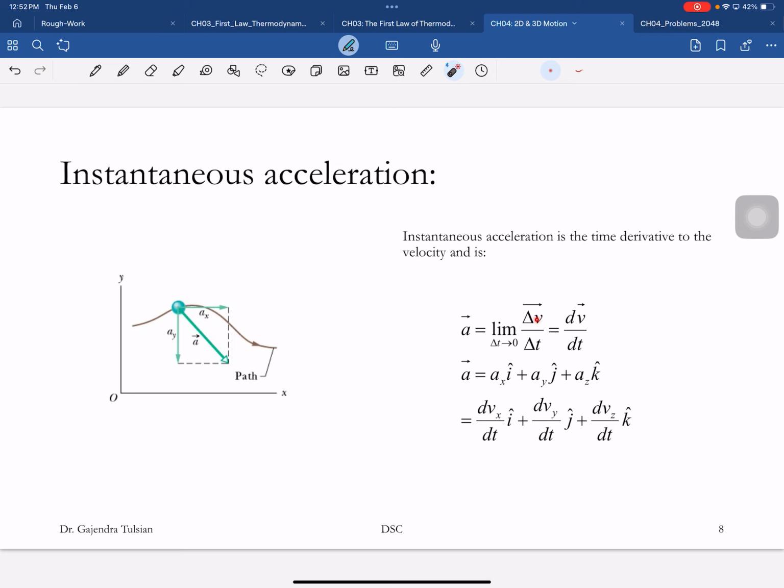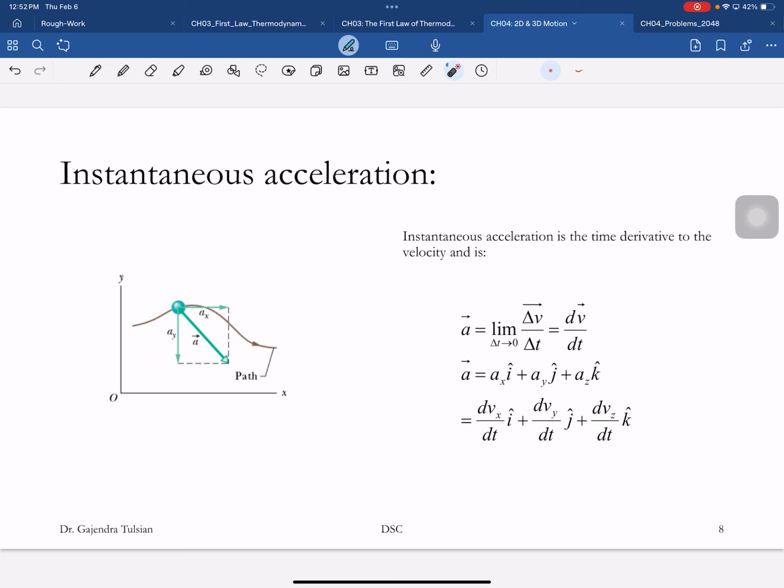Here's the average acceleration in the limit delta t going to 0. That is dv/dt, the time derivative of v, the velocity vector, the rate of change of v with respect to t. And so here's the x component of the acceleration, y component, z component.